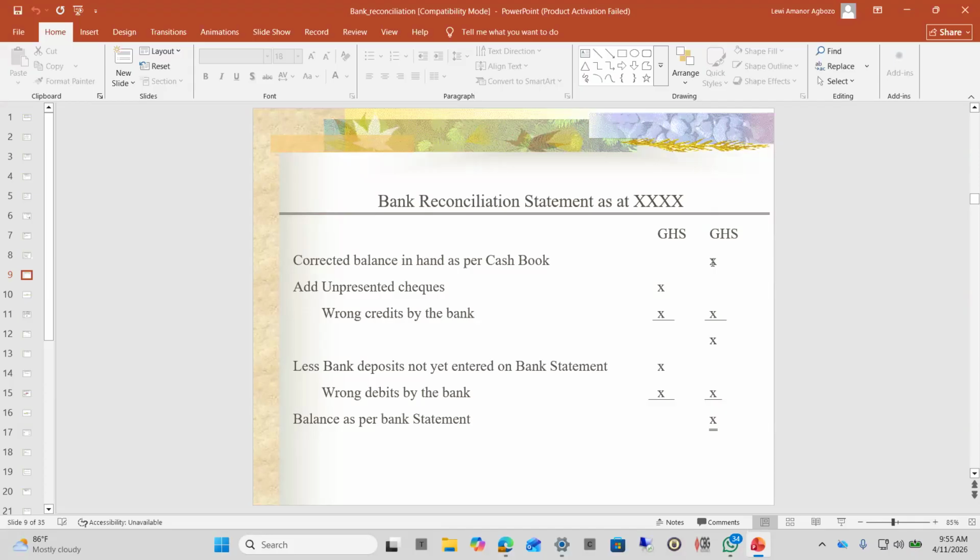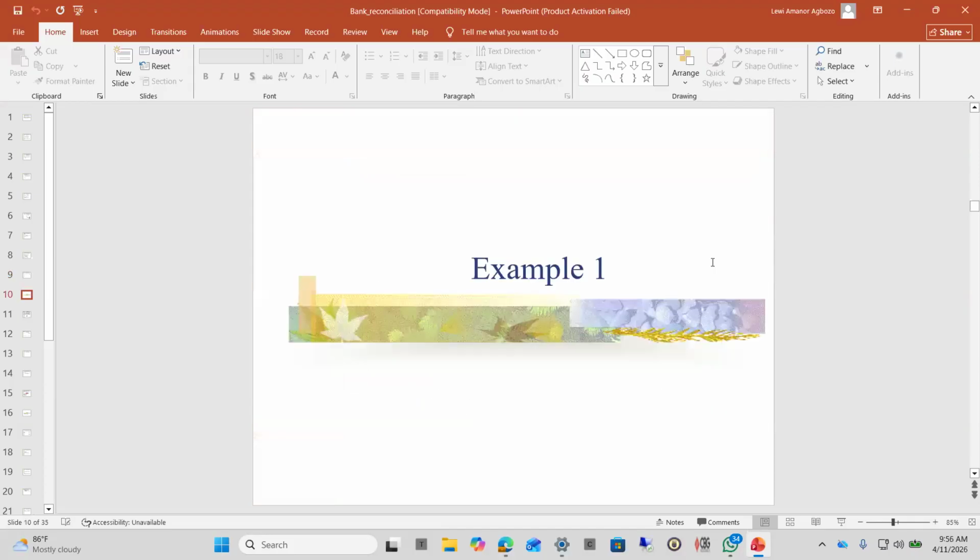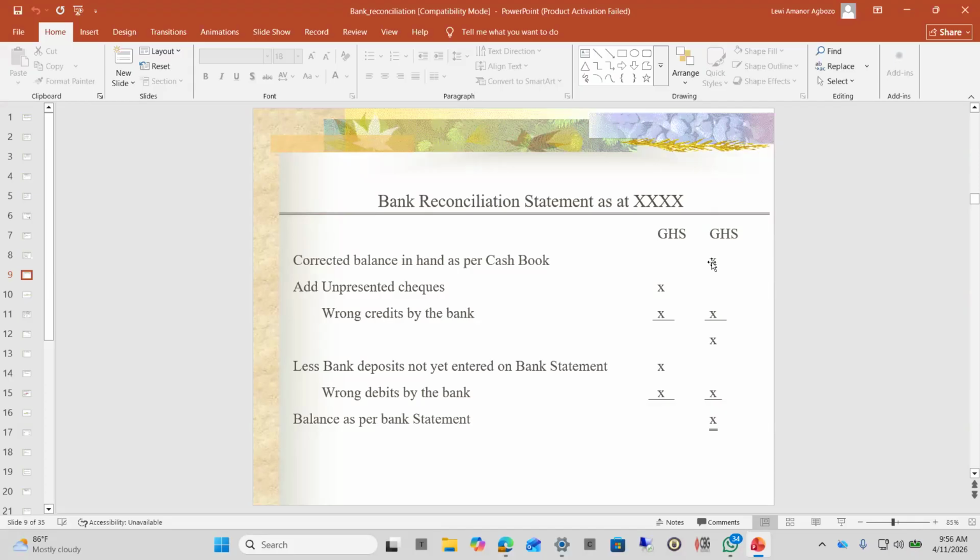Since you don't know, you have not deducted it from your balance. So you deduct it from your cash balance, and then you get what we call the balance as per bank statement. In that case, your bank statement and your cash book will balance. Is that okay? We'll take any question on that before we take an example. Any question?